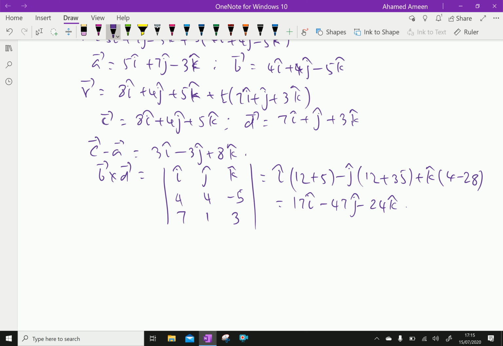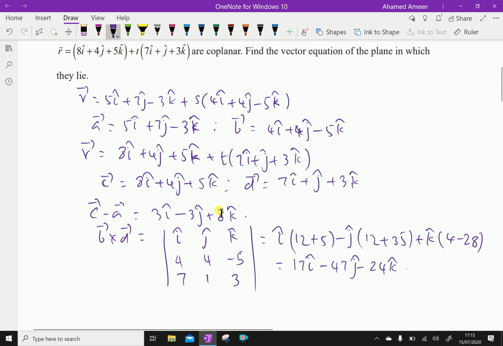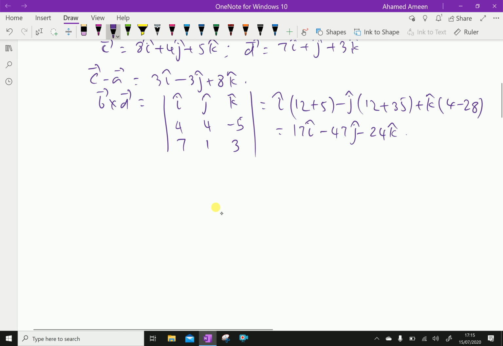Here, to find whether the two lines are coplanar, the dot product of vector C minus vector A with B cross D must be 0.